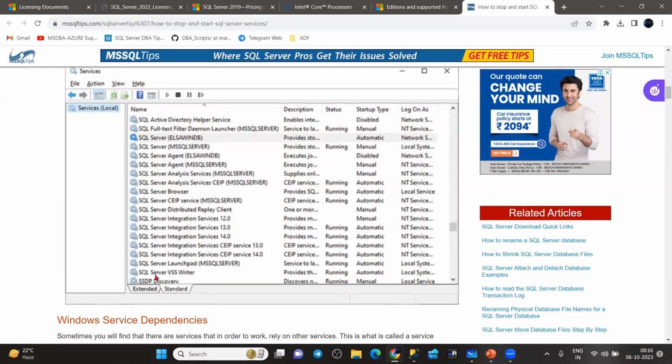We also have one more service called the SQL Server full text service. That is very important, especially when you install it; otherwise, no need to worry.